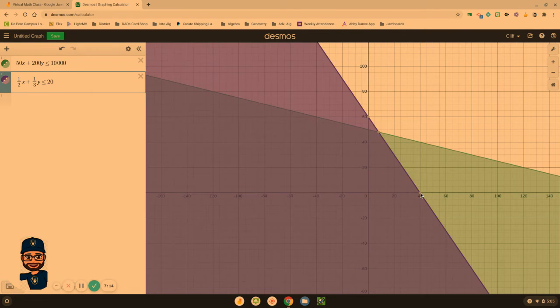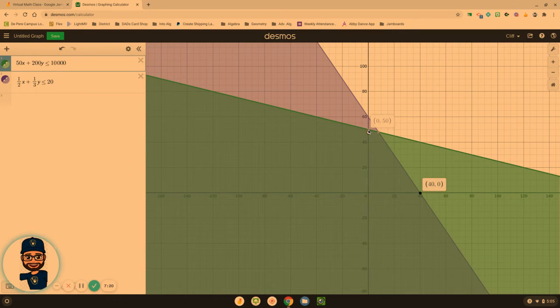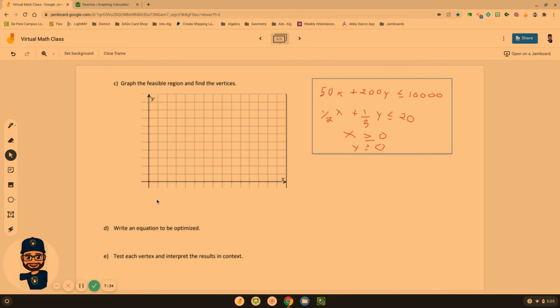So one vertex is over here at 40, 0, 0, 0, right up to here where it's 0, 50, and then 8, 48. Okay. I know that I can't go past the y-axis and past the x-axis because x and y have to be greater than 0.